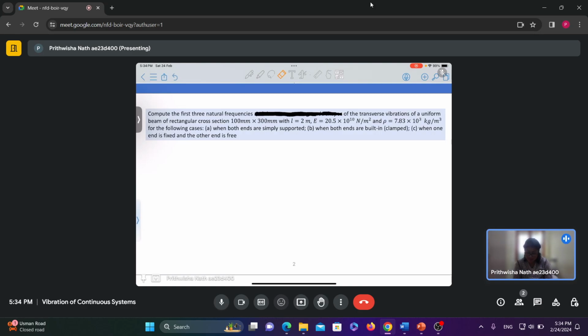For three cases: first is simply supported, second is when both the ends are built in, and the third is when one end is fixed and the other end is free.